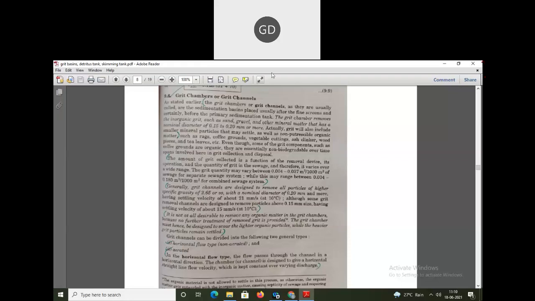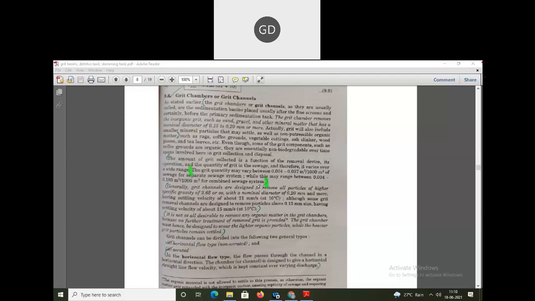You can see this line. These things you can note down in your copy for your numerical purpose. So the grit quantity may vary between 0.004 to 0.037 meter cube per 1000 meter cube of sewage for separate sewage system, while this may range between 0.004 to 0.180 meter cube per 1000 meter cube for combined sewage system.